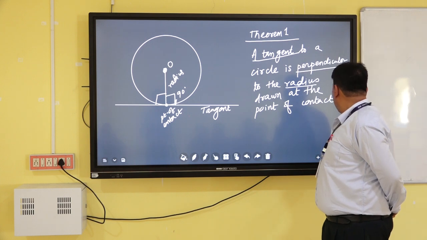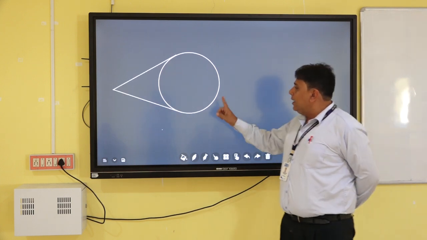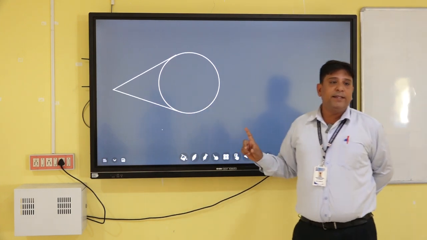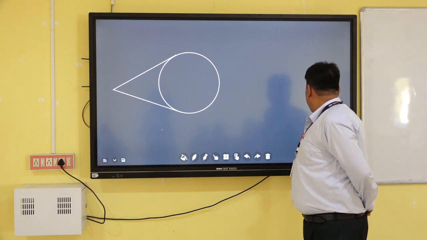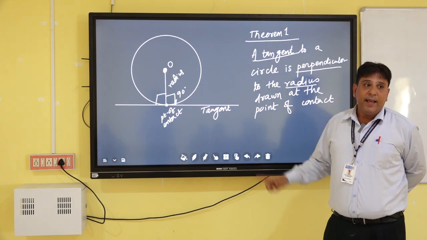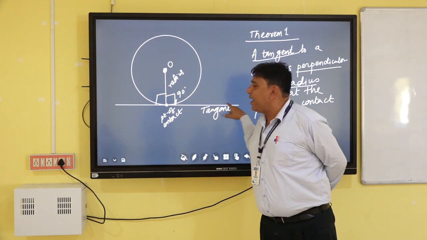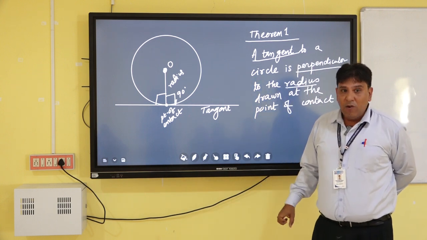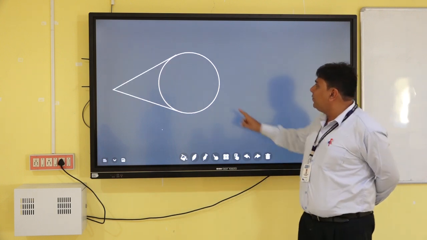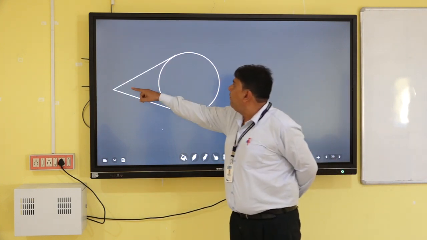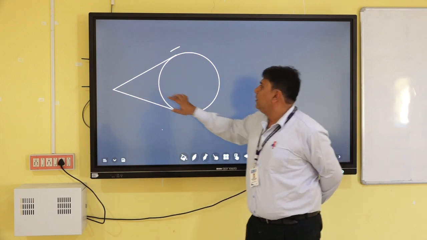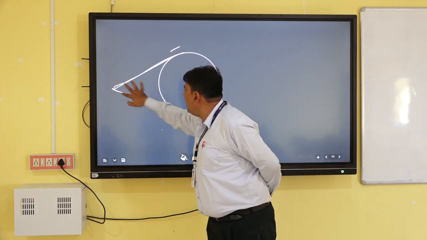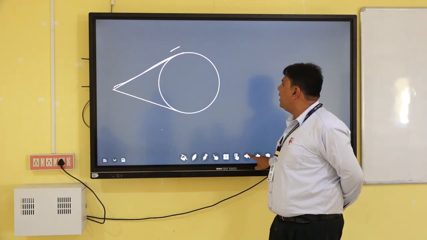Let us come to the next theorem. Here if you see properly, what exactly is the difference between this figure and this figure? In this figure I have drawn only one tangent. In this figure you can see I have drawn two tangents. This is my first tangent and this is my second tangent. All of you are getting it?